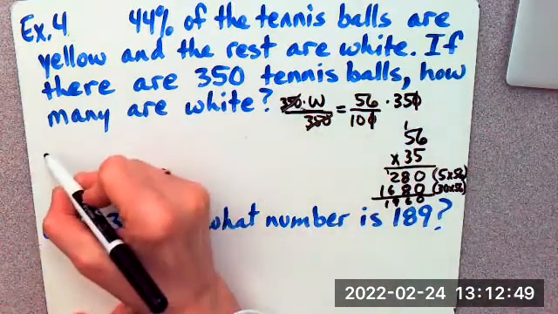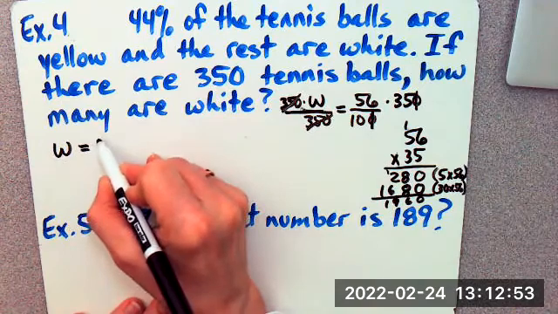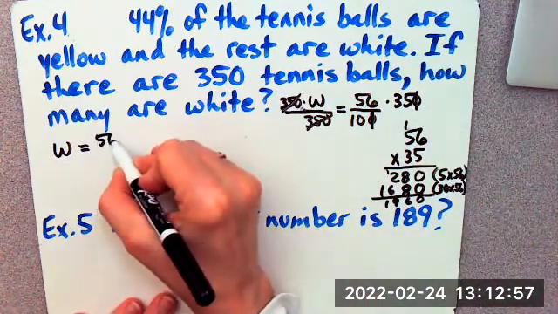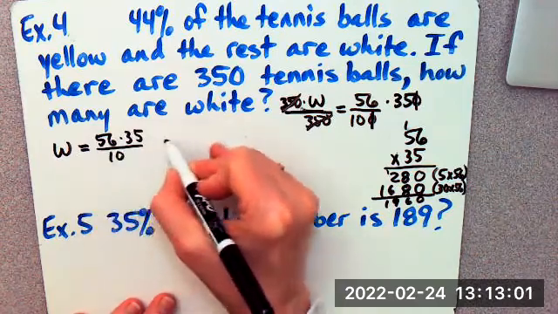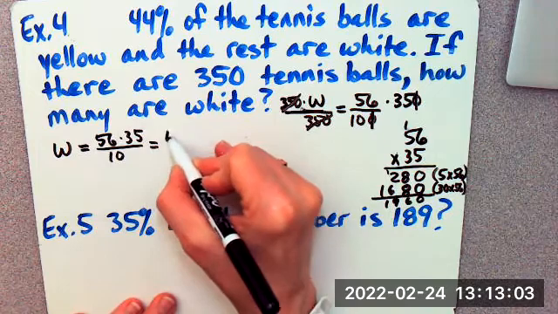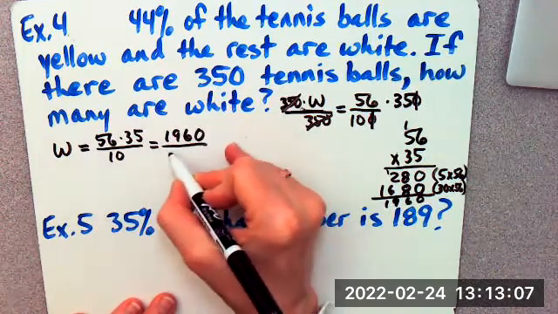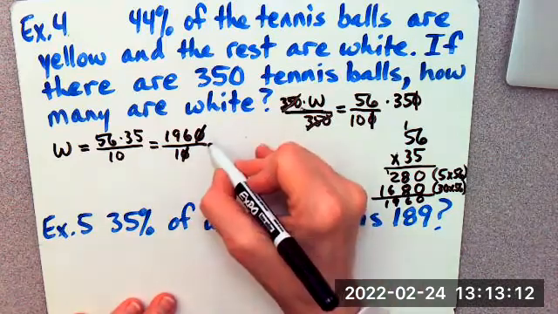All right, so I'm going to make some room here since I messed everything up over here. So let's rewrite this. We have W equals, now we know what 56 times 35 is, and that's divided by 10. So we end up with 1960 over 10. And look at that, we have a 0 on the top and the bottom.